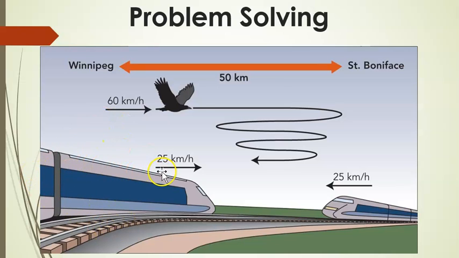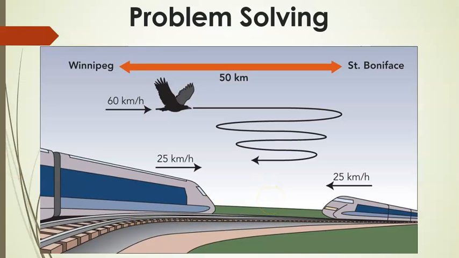He's traveling to St. Boniface at 25 kilometers an hour. 50 kilometers away, we've got another train traveling at 25 kilometers an hour as well, but it's headed toward Winnipeg. Now, if we've got a crow flying who's weaving back and forth and coming down out of the sky at 60 kilometers an hour, at what point will the 2 trains hit the crow?